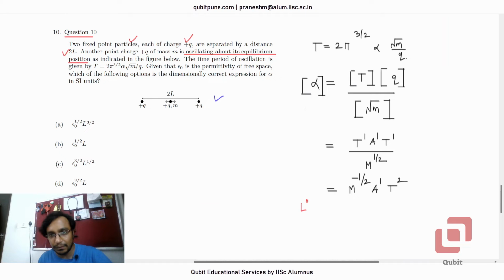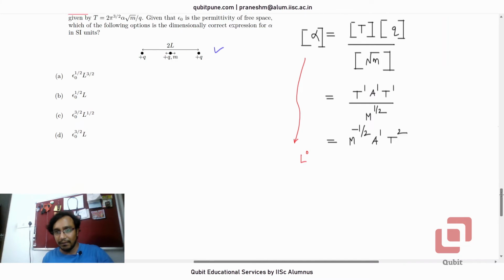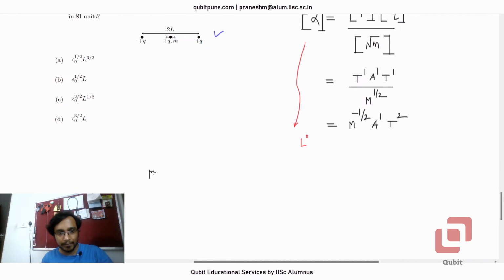L raised to 0 for alpha, but epsilon naught has an L dimension. So what we are now required to do is find out the power of the length dimension for epsilon naught and decide the correct option. To begin with, let us recall Coulomb's law.